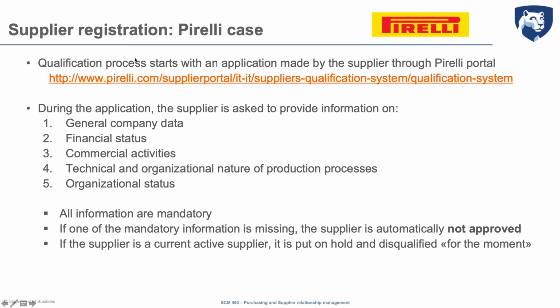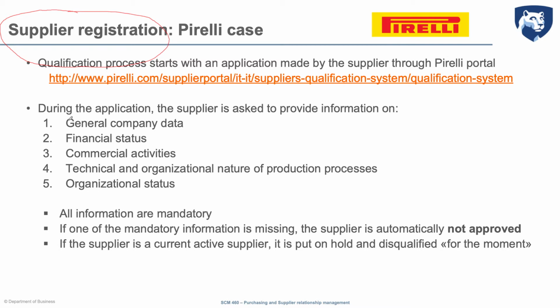Here there's another example, the Pirelli case. Pirelli is a tire producer. Again, I don't have too much detail about that, but this is an example of the Pirelli case of supplier registration. Suppliers that want to apply to be part of the Pirelli supply base first need to submit their application through the Pirelli supplier portal, which is here.